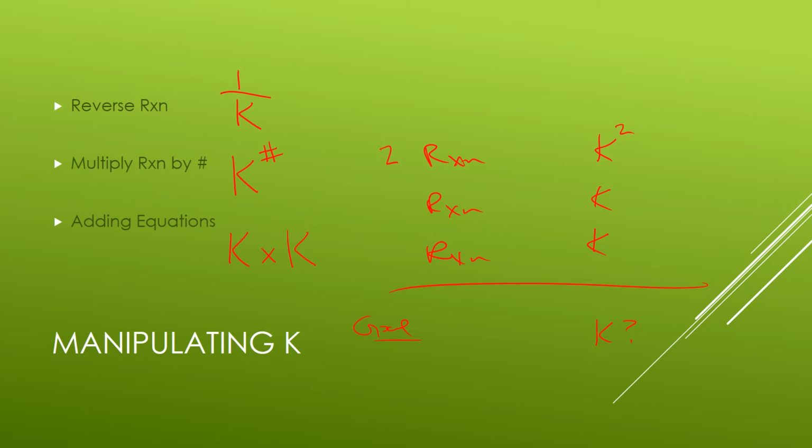If I want to flip this last reaction, then I'm going to take 1 over K for that value. And if I add these reactions to make this goal equation, instead of adding all of your K values, you have to multiply those K values to one another.